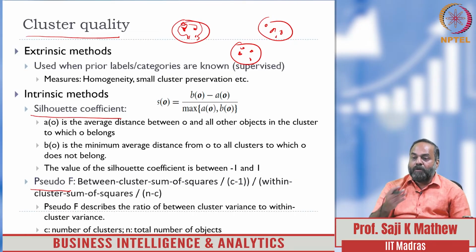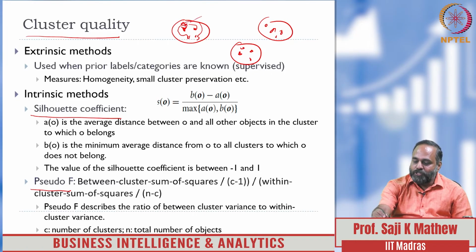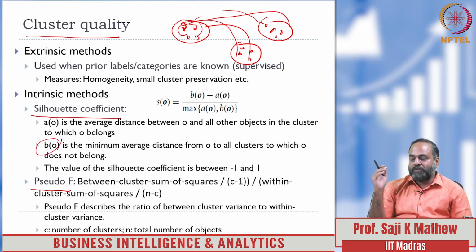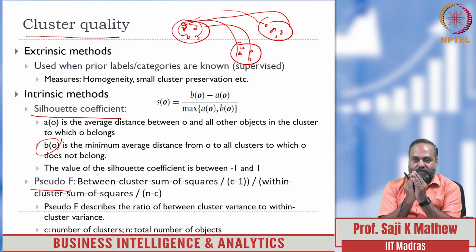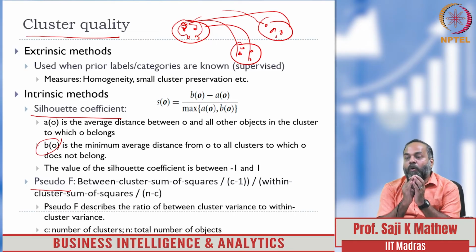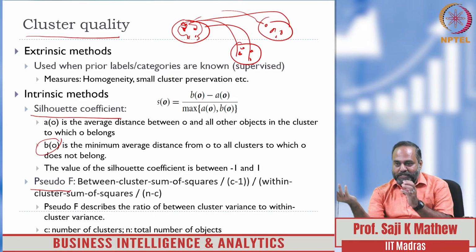But what is BO? What is the distance of me to my rivals? If it is a political party, there are people that belong to other parties. What is my distance to other objects? So, O's distance to all other objects. That is what BO is. What you desire is O should be close to his or her friends, but O should be far from the enemies or rivals.